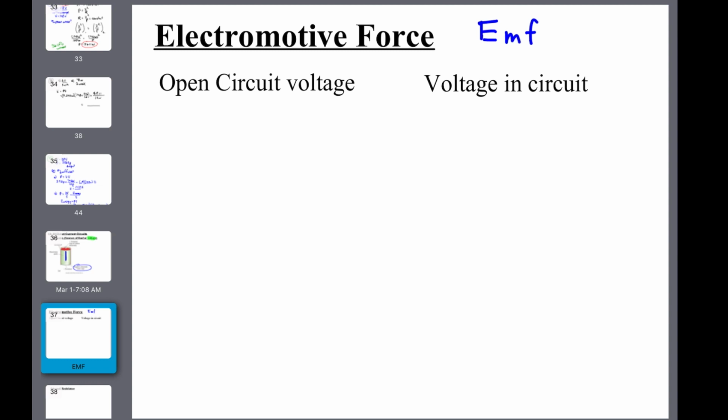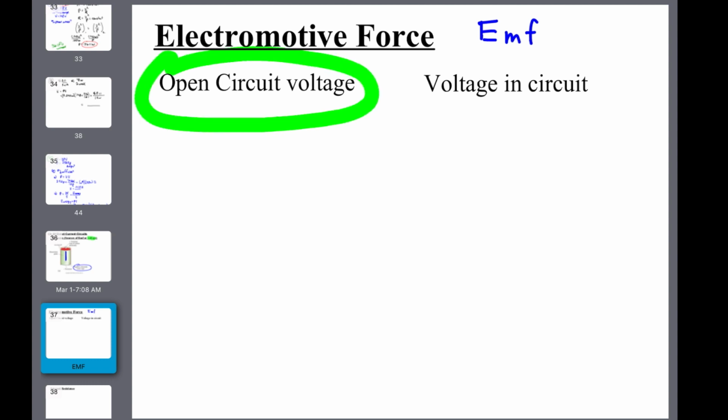First thing I want you to do is measure the voltage on the battery by touching the probes to the two terminals of the battery. One is on the top, one is on the bottom. Measure the voltage across that battery when it is not in a circuit.